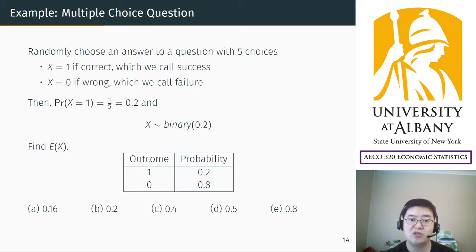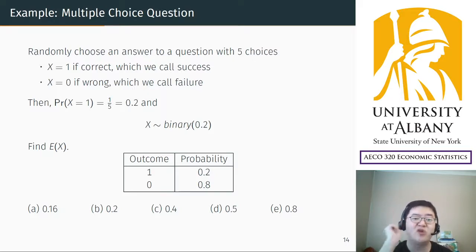Multiple choice question. Think about your assignment. You have 10 questions, and each question has 5 choices. So you have to choose one answer from 5 options. Suppose that you randomly choose whatever you want. Actually, the order of the choices is randomized.